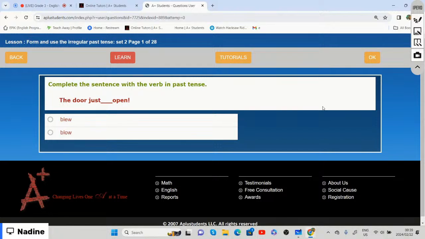The door just, do we say the door just blew open or the door just blow open?